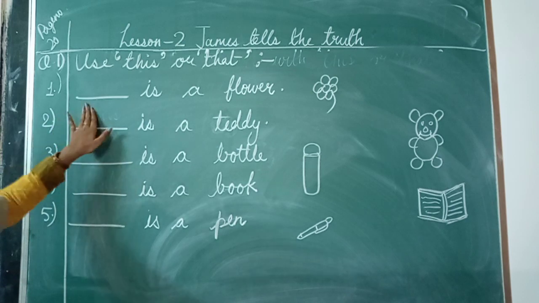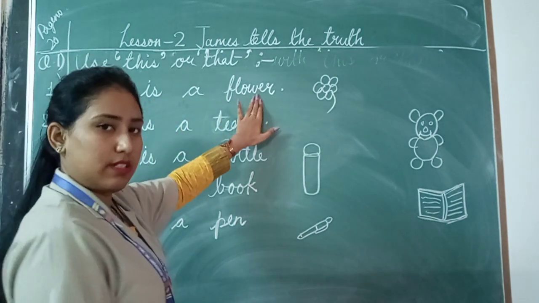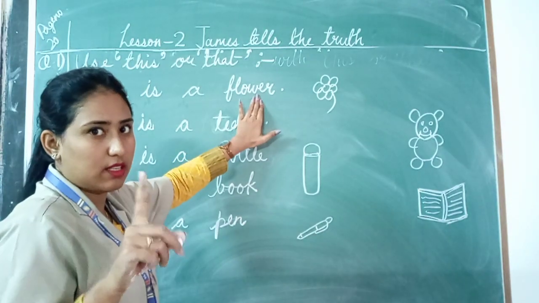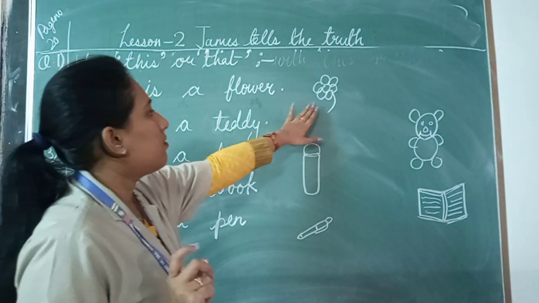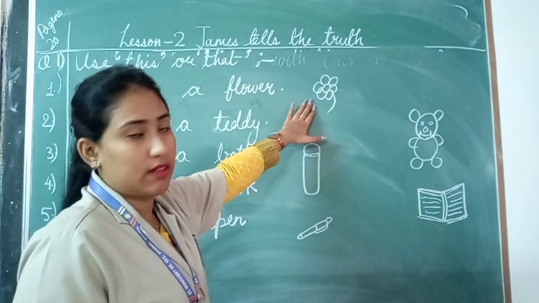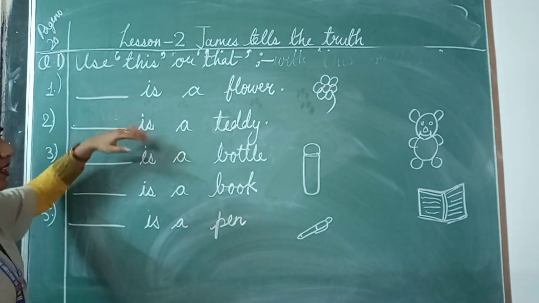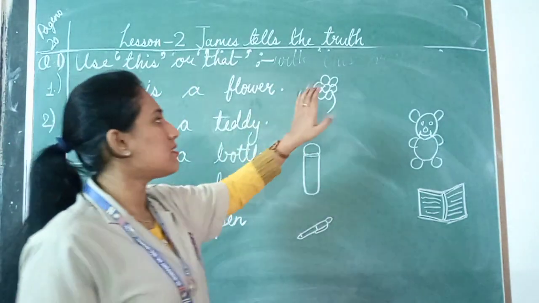The first one is blank is a flower. Now we will see whether the flower is with us or not. First thing we are going to see is whether the thing is close or far. Yes, it is near. Then we'll see whether it is singular or plural. Yes, it is singular.